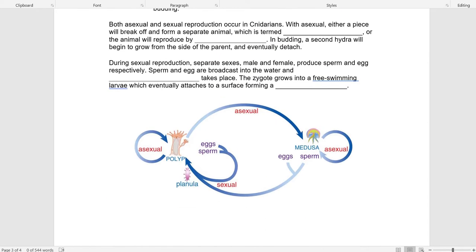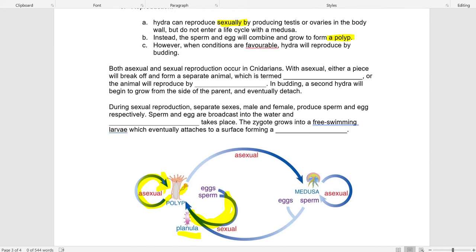If we look down here, you can see asexual reproduction, in which it can just produce a bud, kind of like yeast, but it can also produce eggs and sperm, which fertilize together, forming this planula, which will grow into a polyp. So there you have sexual reproduction, but you have asexual through budding, right? And that happens similarly with the jellyfish as well.